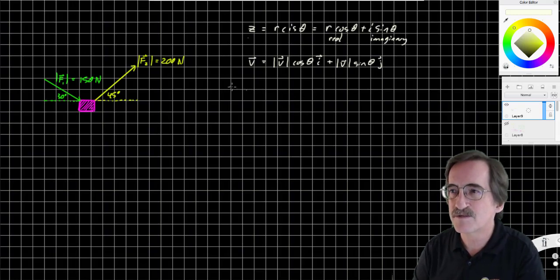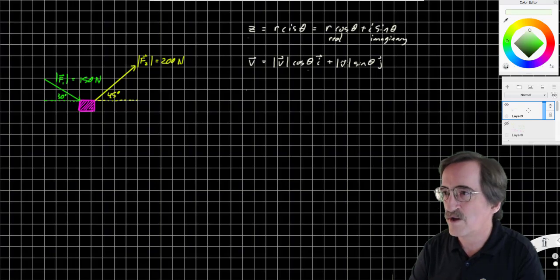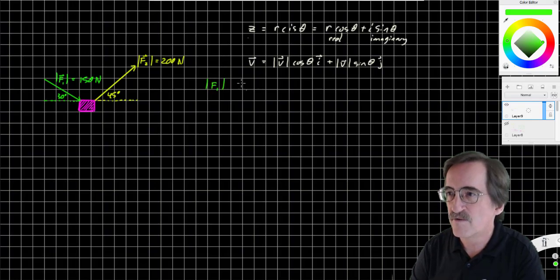So let's do this. Vector f1, and I don't need the magnitude on that, just vector f1. Vector f1 is the magnitude of the vector, 150, times the cosine of 30 degrees.